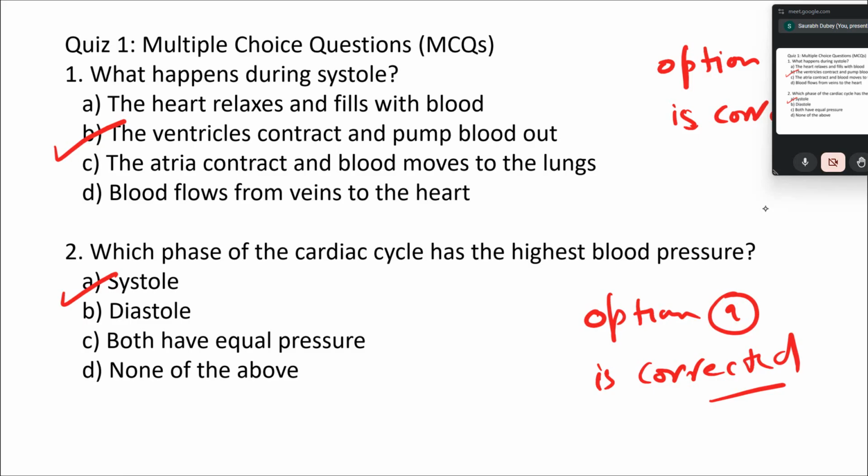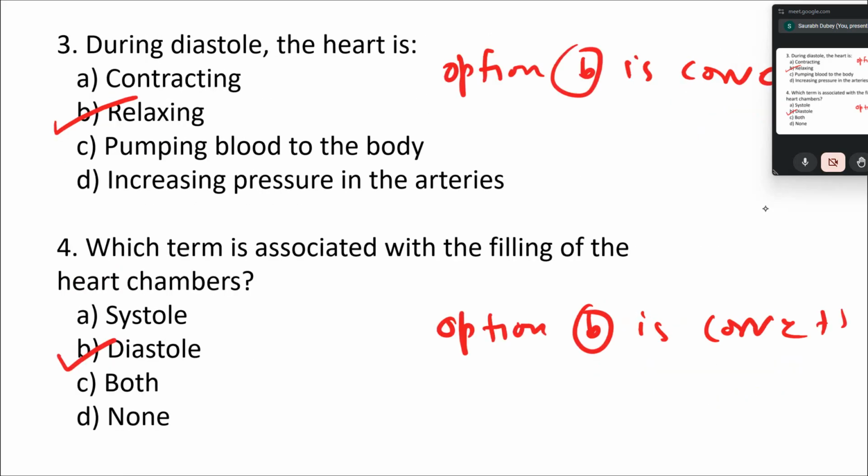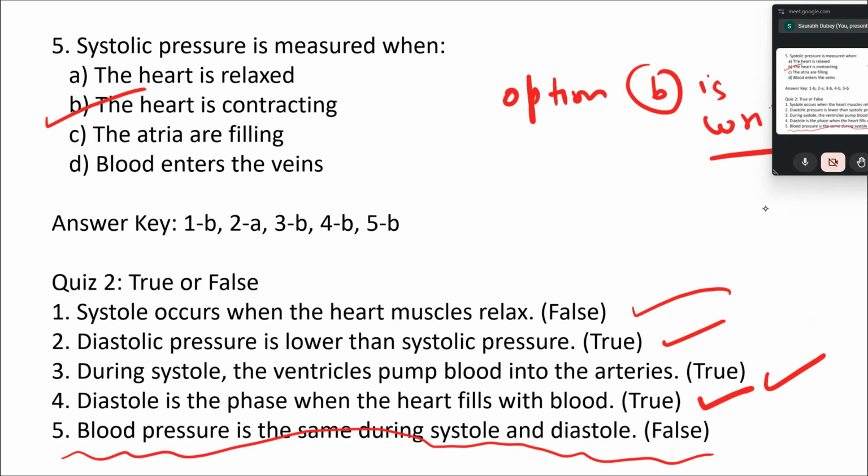What happens during the systole? Which phase of the cardiac cycle has the highest blood pressure? And during the diastole, which term is associated with the filling of the heart chamber? Many questions we have solved on diastole and systole, right? These were the answers, and some true-false questions we have already solved.